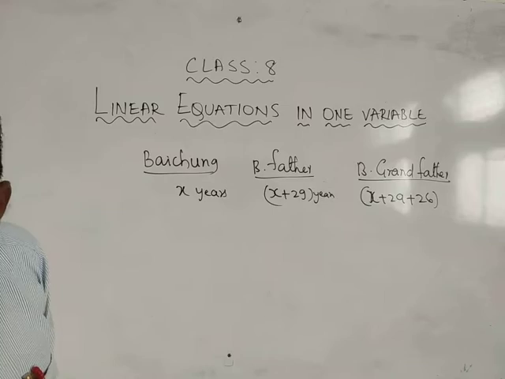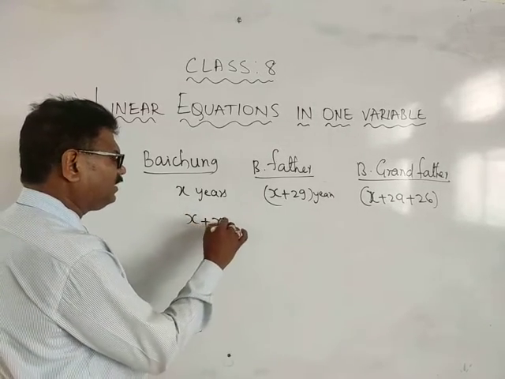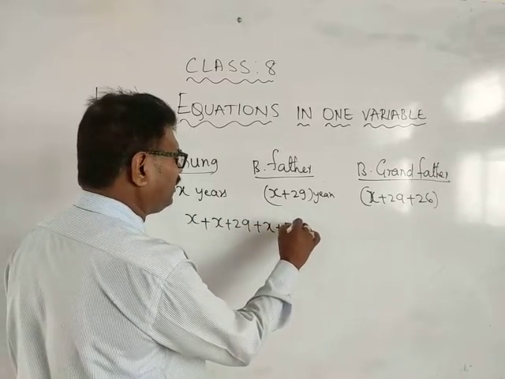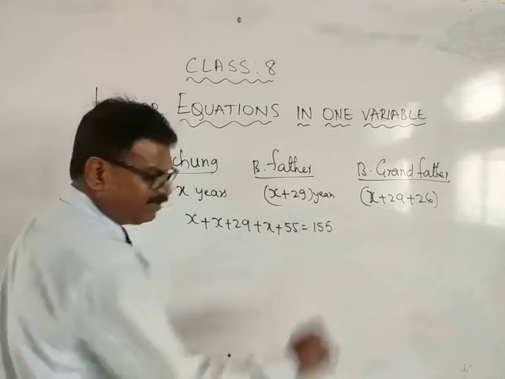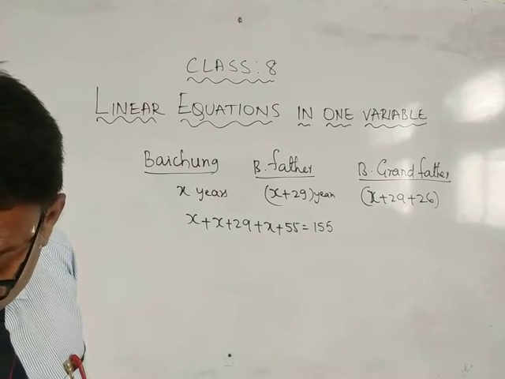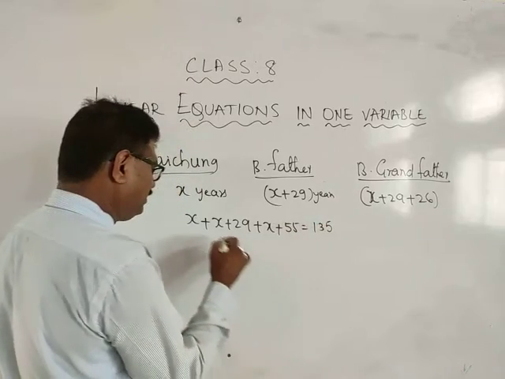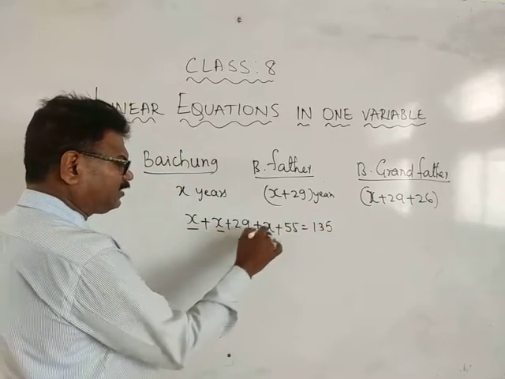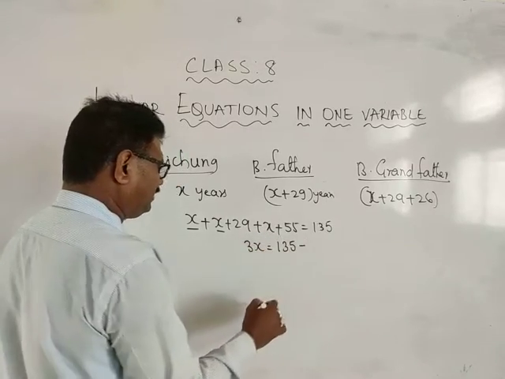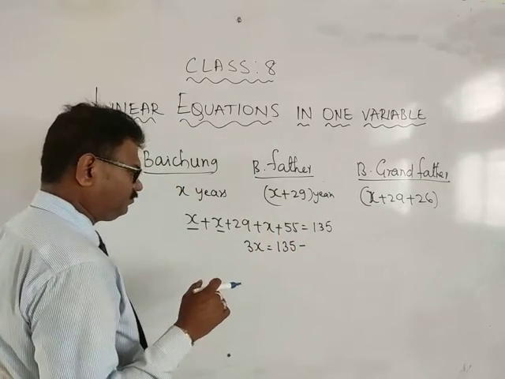Then what happened? The sum of the ages of all the 3 is 135. Now you can take x plus x plus 29 plus x plus 55 is equal to 135. Next, x plus x is 2x, 2x plus x is 3x, equal to 135 minus 29 plus 55.